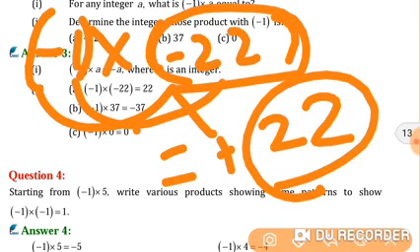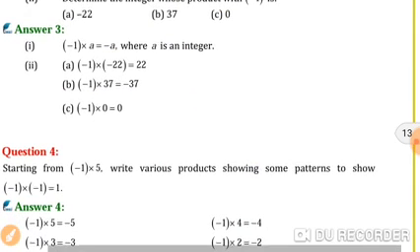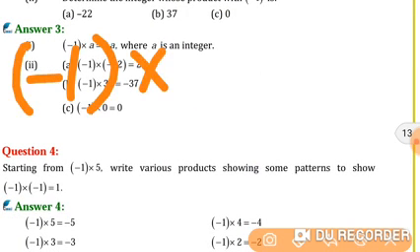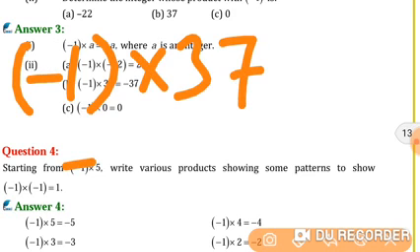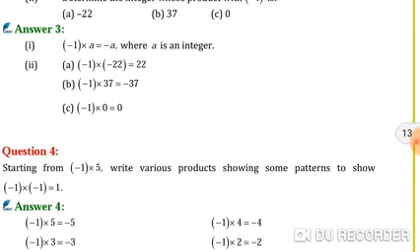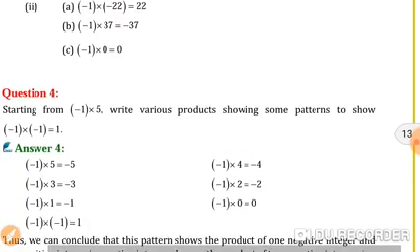Directly multiplying will also give the same answer, or you can change the sign. Then with 37: 1 into 37 is 37, minus into plus is minus. Okay, here is the answer. So -1 into 0 is 0. 0 into any integer gives 0 itself.